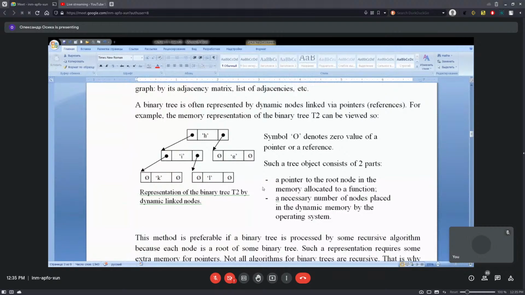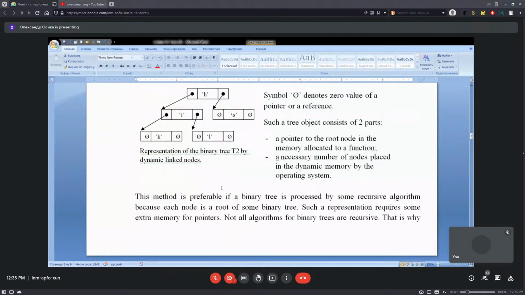This way of representing trees is preferable if a binary tree is processed by some recursive algorithm, because each node is a root of another binary tree.